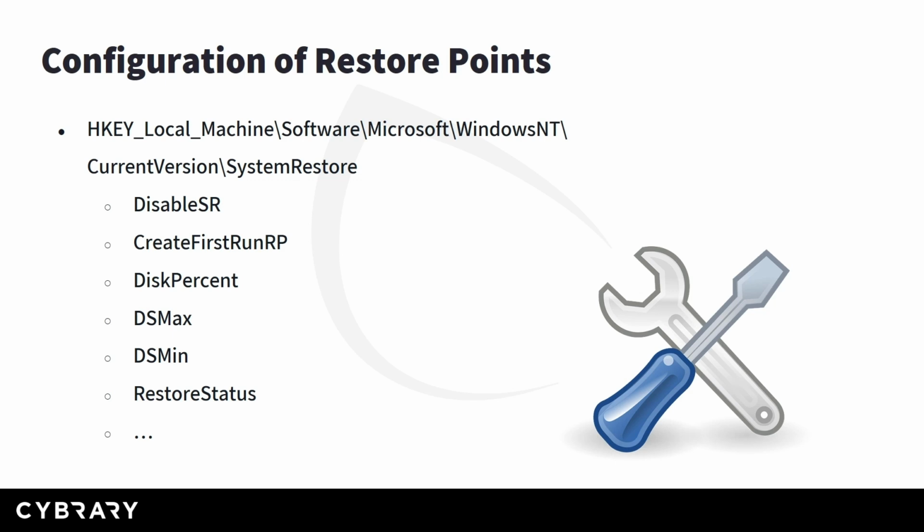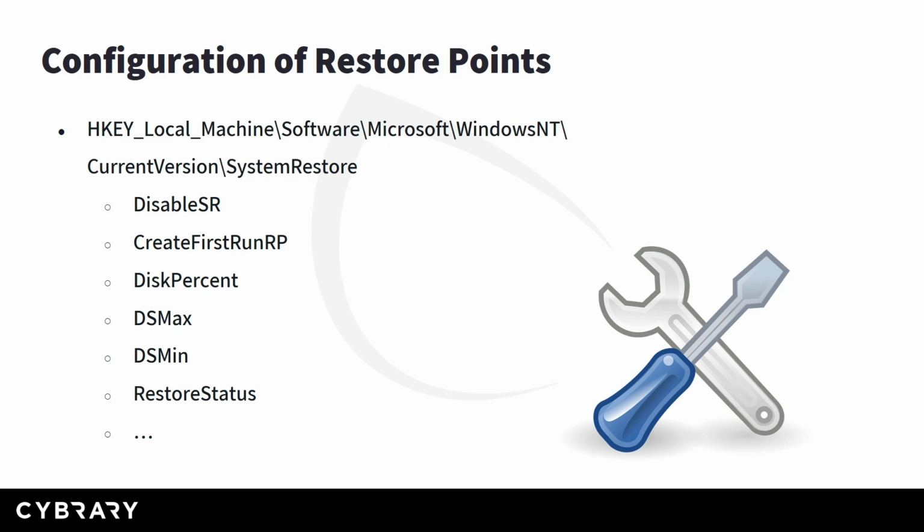Turning off System Restore monitoring will remove the System Restore points from the logical file system. CreateFirstRunRP determines whether or not a restore point is created when System Restore is turned on for the first time. DiskPercent is the percentage of disk space in megabytes allocated to System Restore.